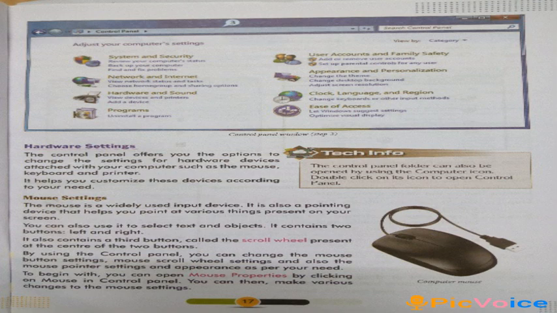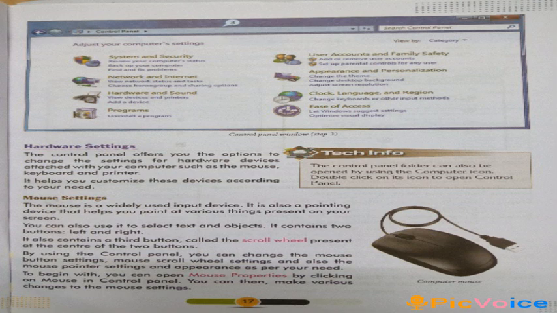Also, it is used to select text and objects. Mouse has 2 buttons, left and right, and one scroll wheel. By using the control panel, we can change the mouse button settings, mouse scroll wheel settings, and also the mouse pointer settings.